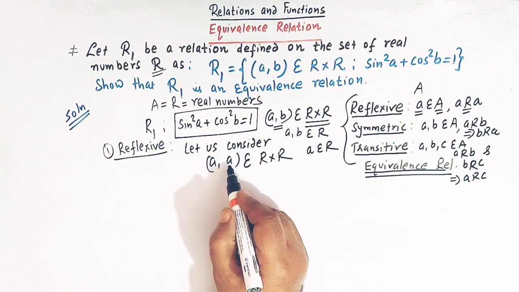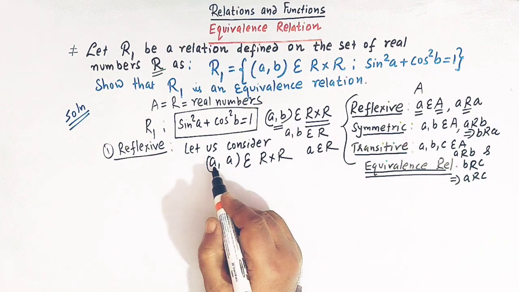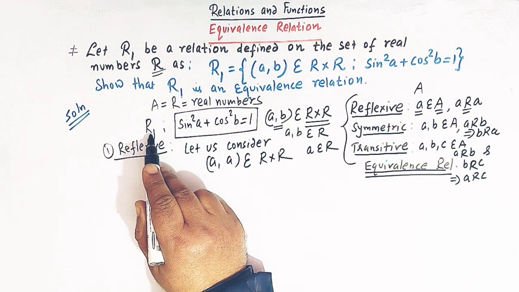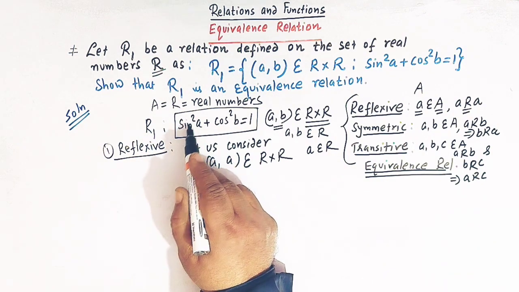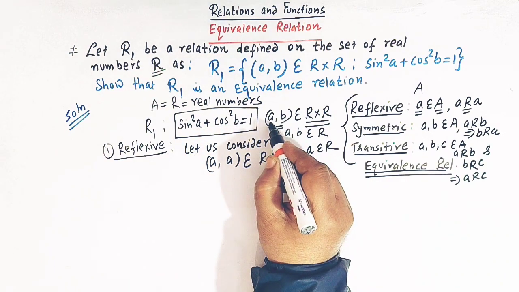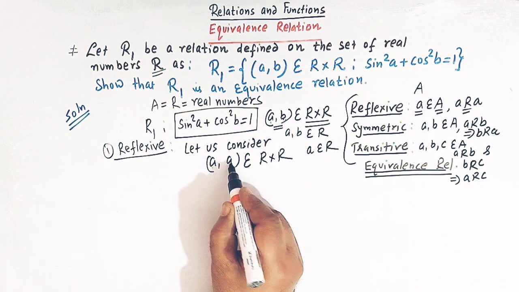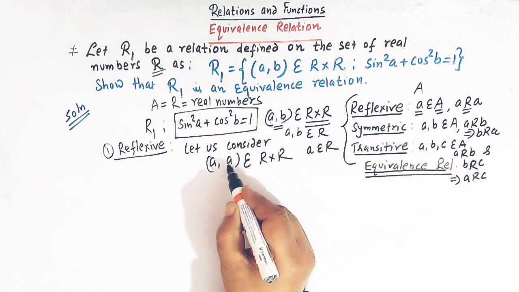If we take this relation R1, we have sin squared a plus cos squared b equal to 1 for these two elements a and b, and here we have (a, a), which means b should be replaced by a, right?